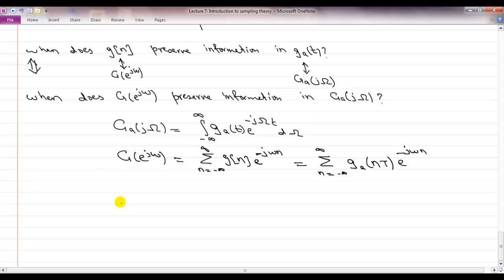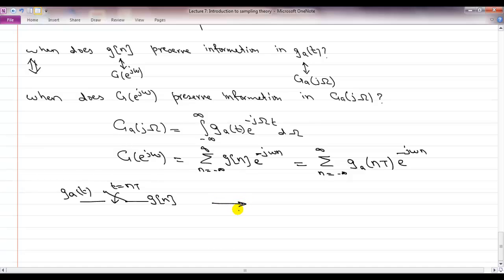So what we will do is actually play a little mathematical trick, not in terms of physical systems. We say this block which converts the continuous system to a discrete system, we are going to write it in two steps.